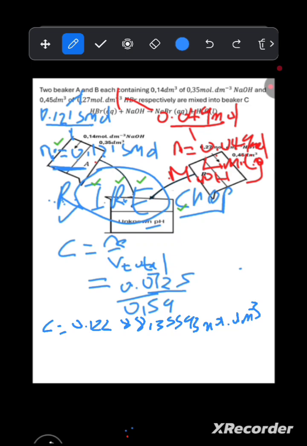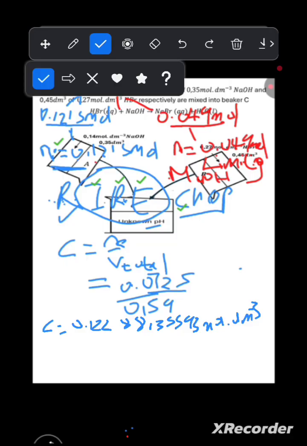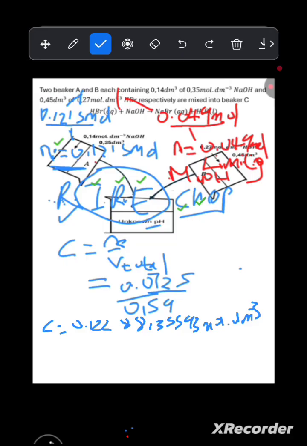Now to find the pH, before that, we now have to find the concentration of hydronium ions. And the concentration of the hydronium ion will be the ratio.